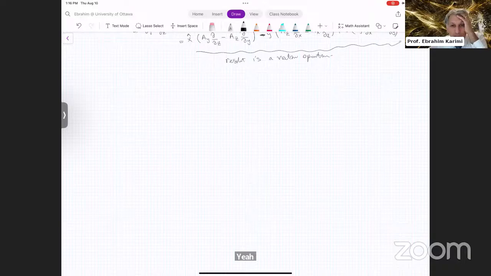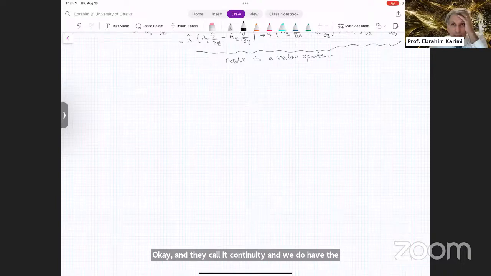They call it continuity, and we do have the same equation also in electromagnetism, which is the continuity of the charge. I will try to derive this for you maybe in this lecture or next lecture.